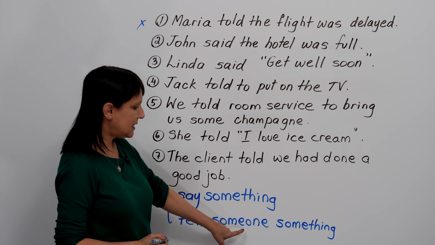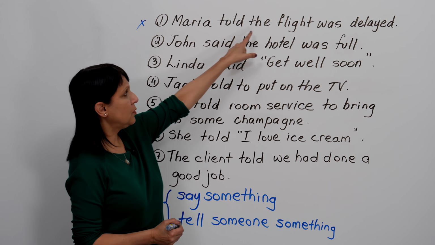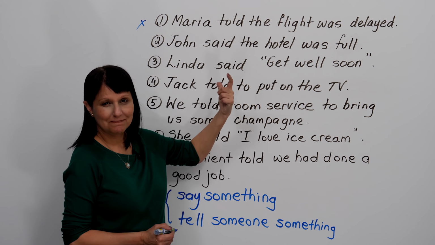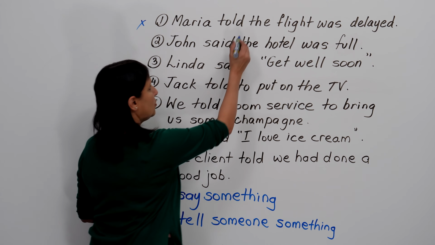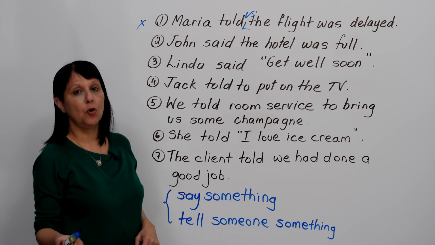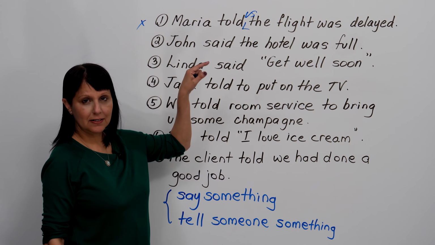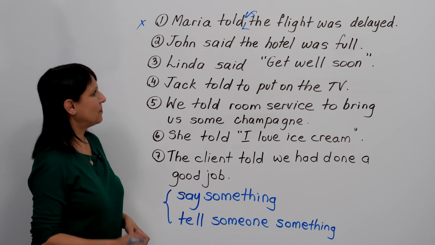Because you tell someone something. And here we have Maria told, and then we don't have someone. So you can correct the sentence in 2 ways. Maria told us the flight was delayed, or Maria said the flight was delayed. Okay?